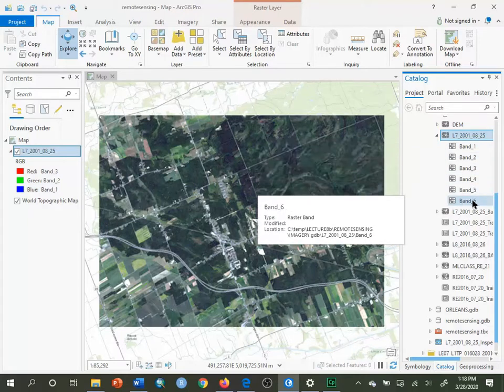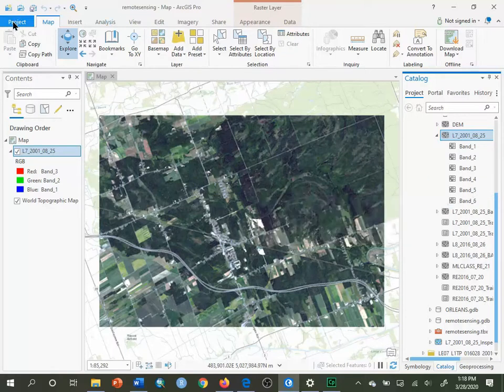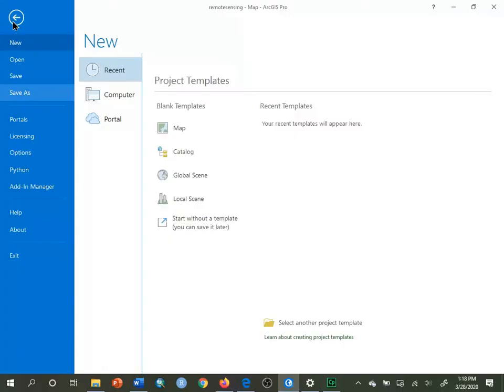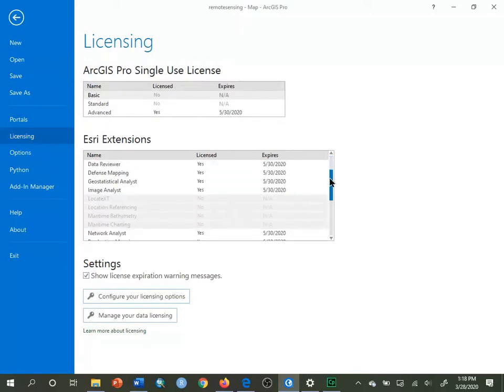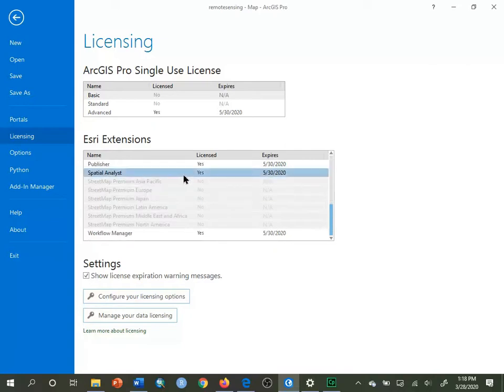Now, before we can go any further, we have to make sure that we have Image Analyst and Spatial Analyst loaded, so you may have to go to the Project tab and then Licensing, and you can scroll down to see if you have Image Analyst with a yes beside it and Spatial Analyst with a yes beside it.